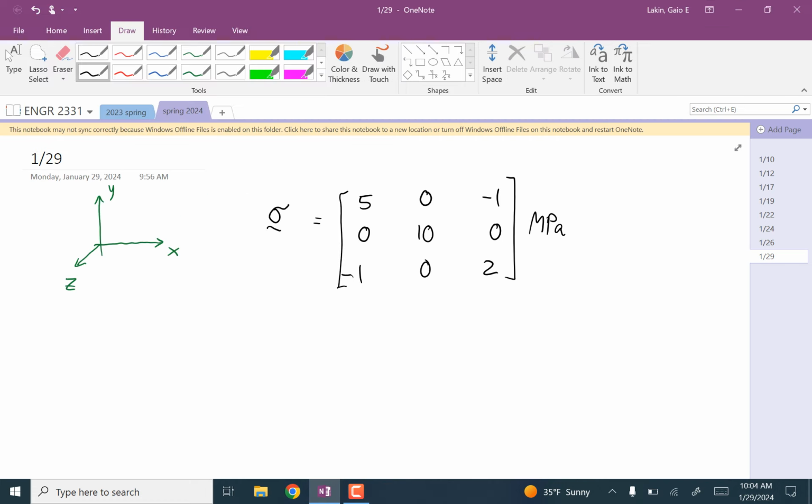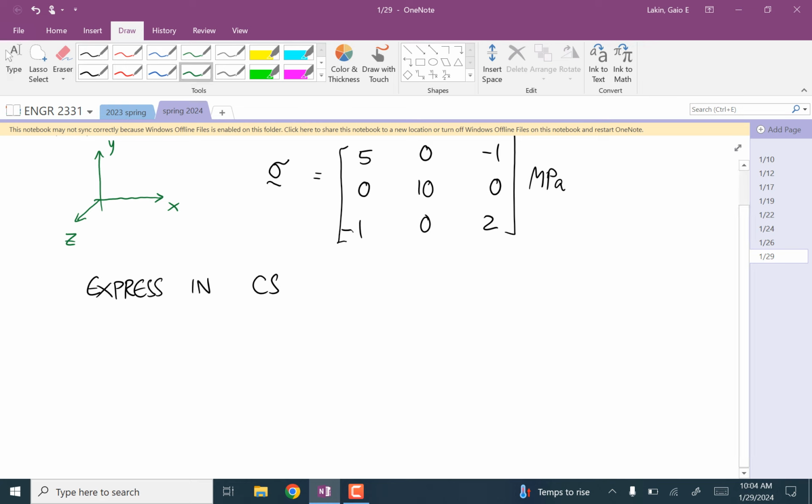And what we want to do is express this stress tensor in a new coordinate system that's like x this way, y this way, and z is like this.